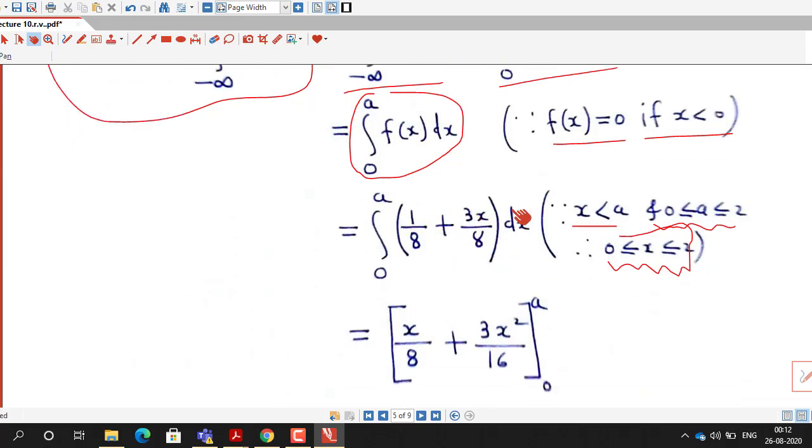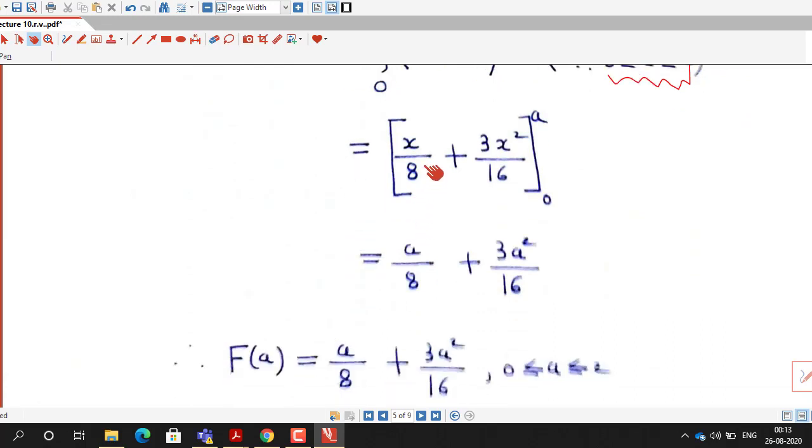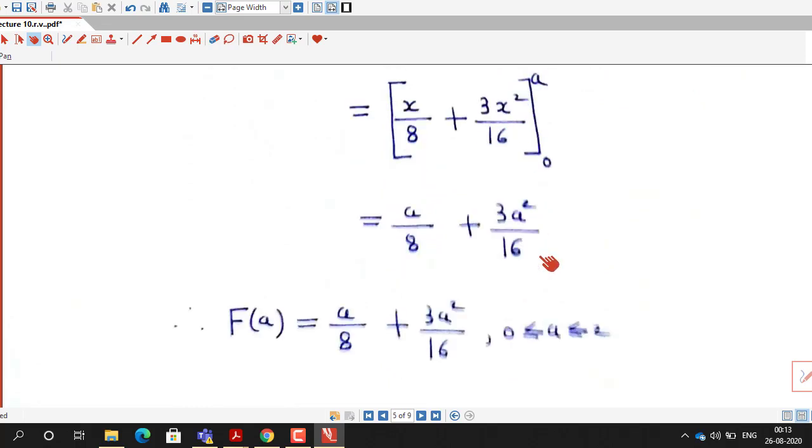The integral of 1 by 8 is x by 8, plus the integral of 3x by 8 is 3x square by 16, and x has limits 0 to A. So if we put x equal to A, we obtain A by 8 plus 3A square by 16. So F of A is given by A by 8 plus 3A square by 16 whenever A is between 0 and 2.